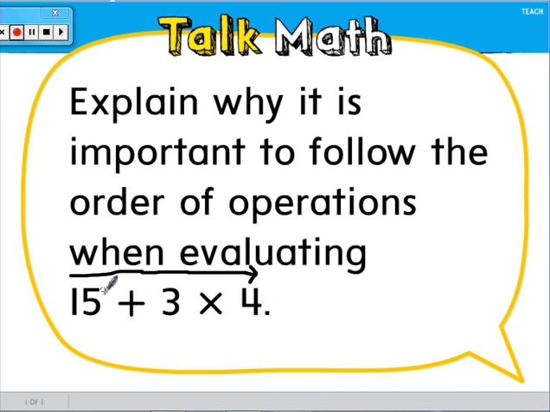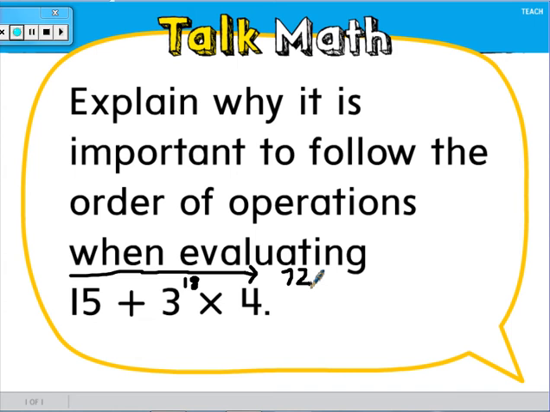So, in order to do it in this order, we have 15 plus 3, which is 18. Then we take 18 and we multiply that by 4 and we get 72. It's okay, we'll get you on. 72. Now, do it in the correct order.